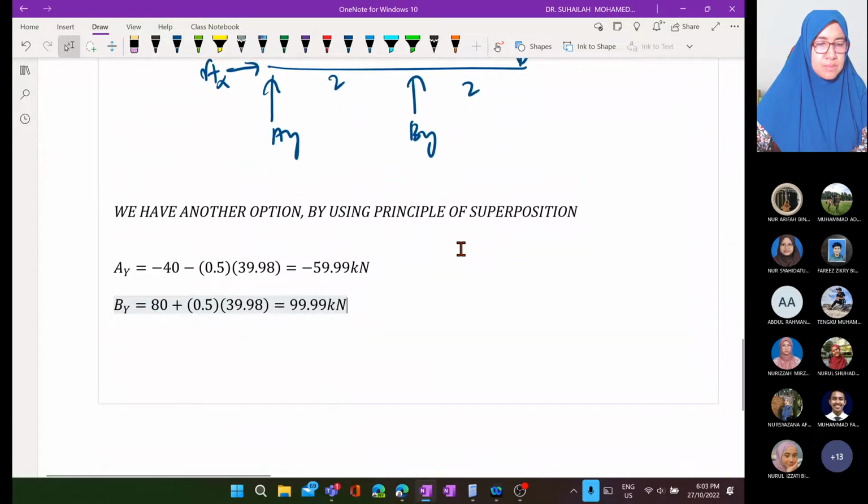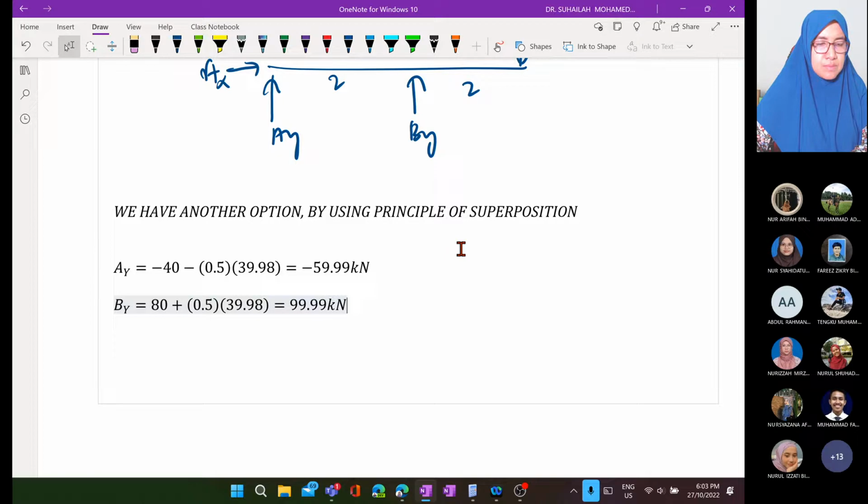So you have two options. Either you use the equilibrium equation to calculate the three remaining reactions, or it will be easier if we use the principle of superposition to calculate the remaining reactions.